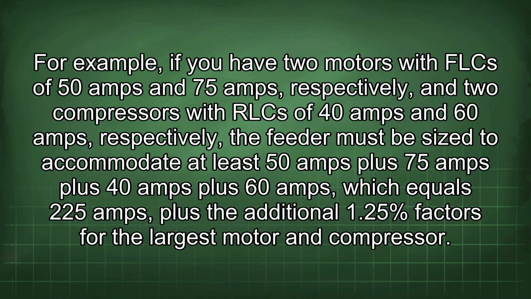For example, if you have two motors with FLC of 50 amps and 75 amps respectively, and two compressors with RLC of 40 amps and 60 amps respectively, the feeder must be sized to accommodate at least 50 amps plus 75 amps plus 40 amps plus 60 amps, which equals 225 amps, plus the additional 1.25% factors for the largest motor and compressor.